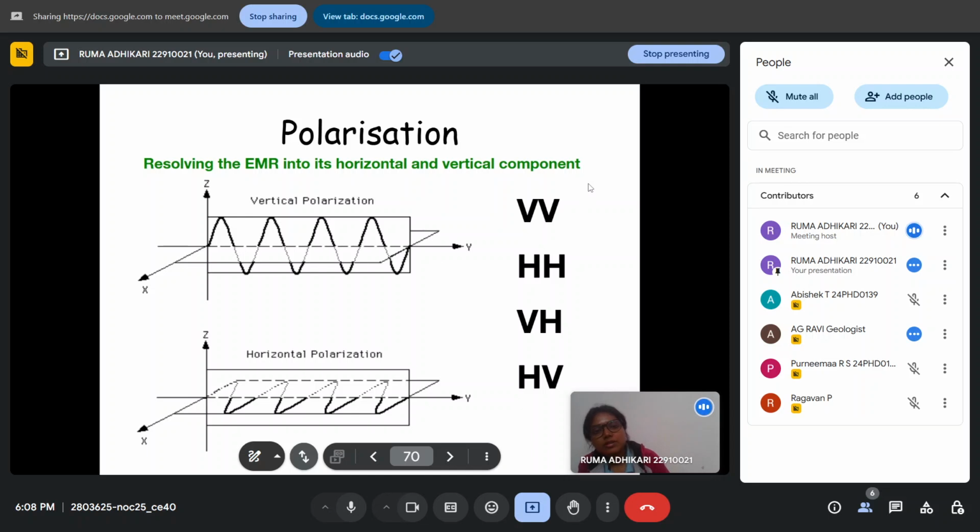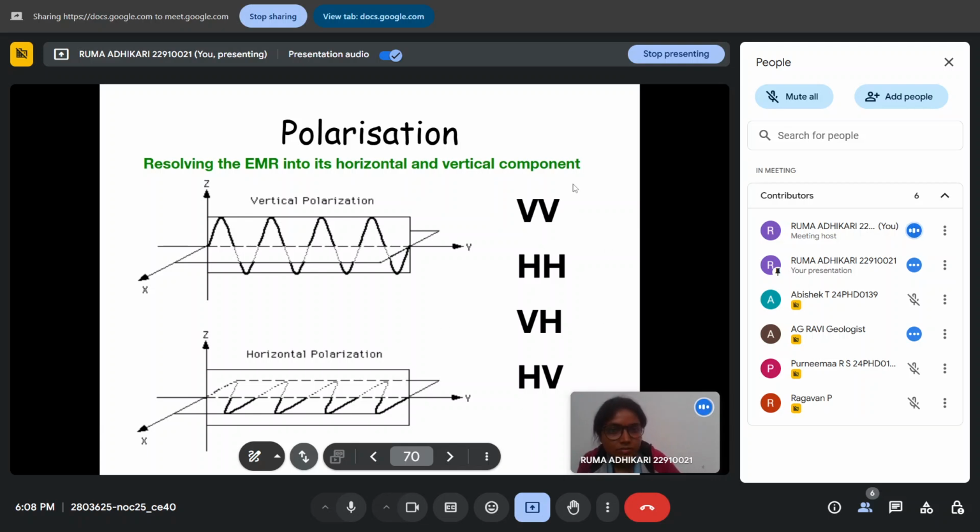So we will send and receive back the combination of these two types of polarization or bands. Here it is called polarization, but I will use the term band. Why, I will tell after some time. First, this is very standard: VV, HH, VH, HV.